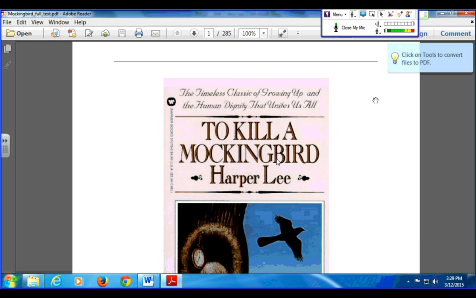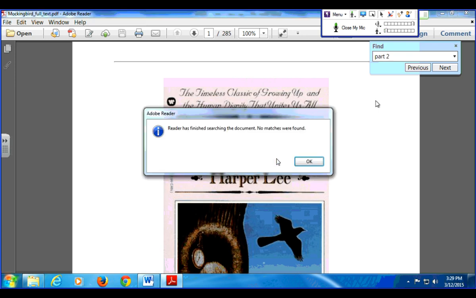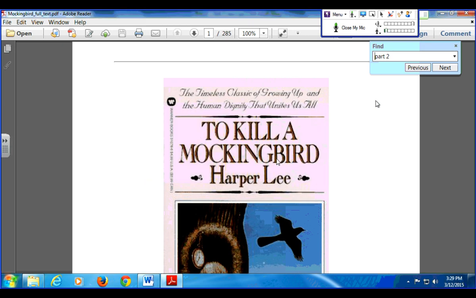This is where it gets a lot more busy, a lot more stuff occurs. The trial happens, and Scout and Jem especially are going to have to grow up really, really fast.